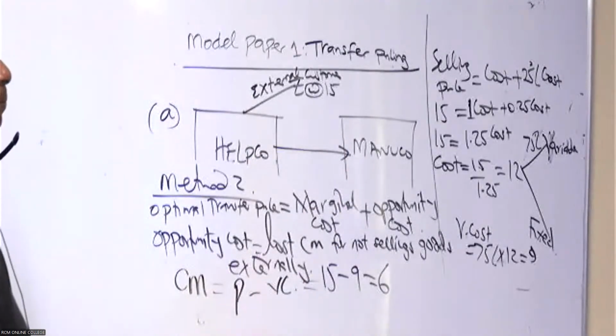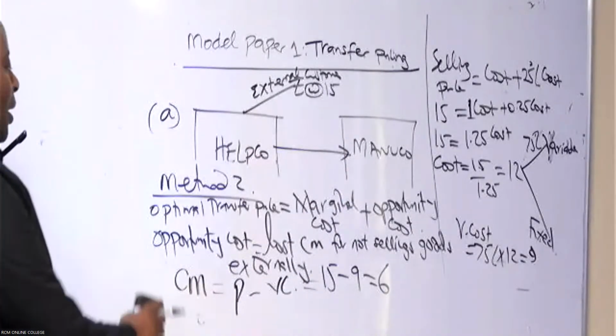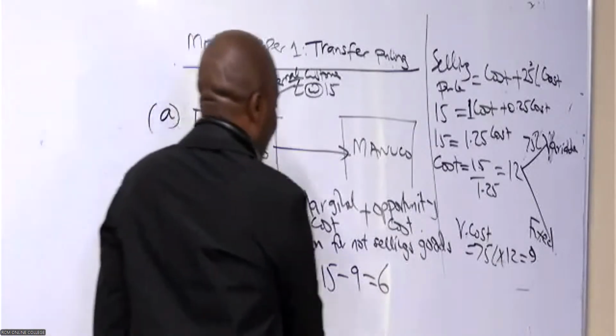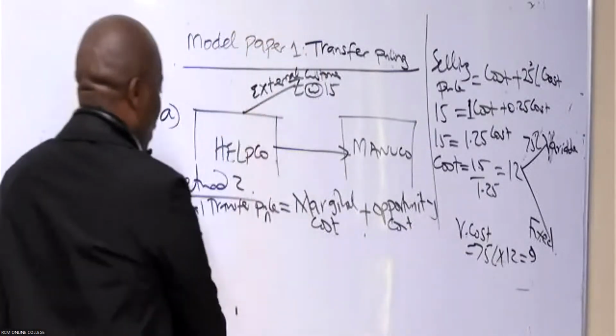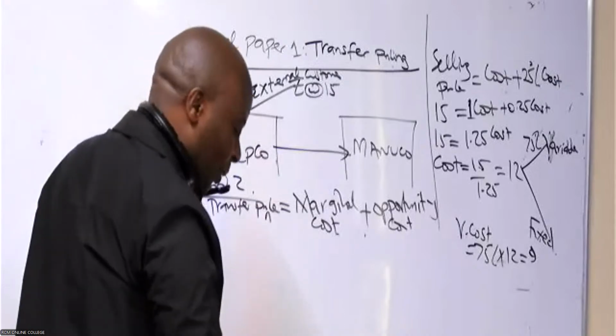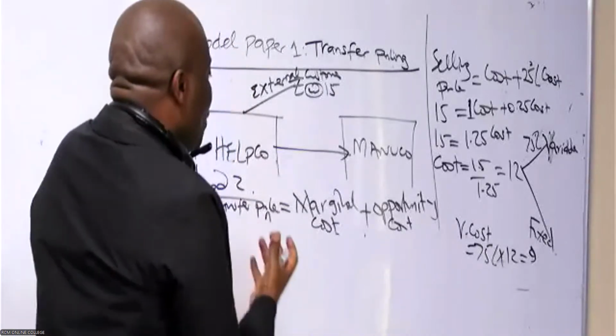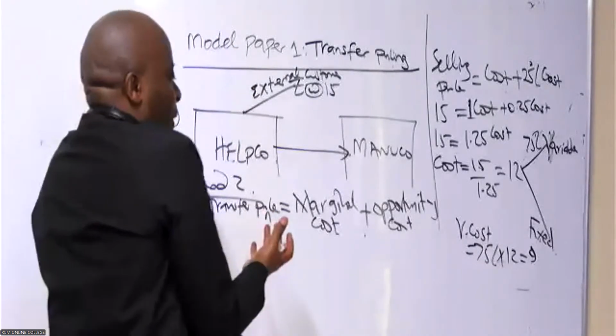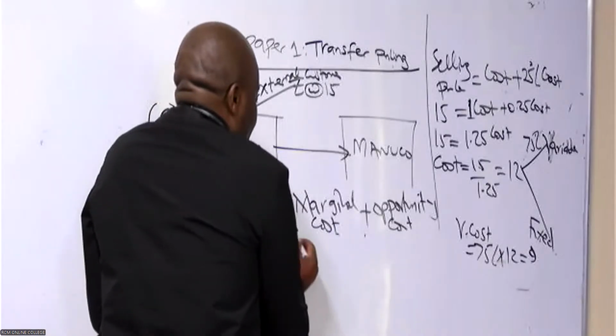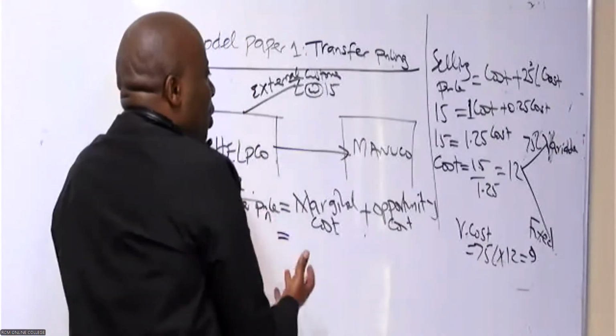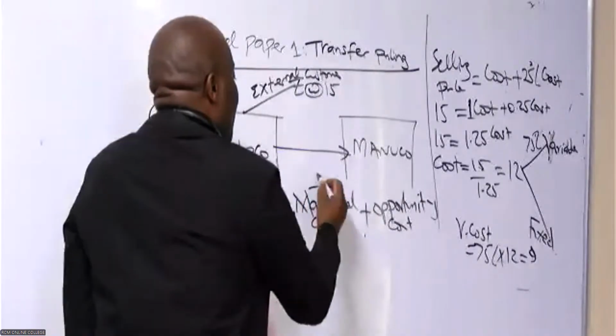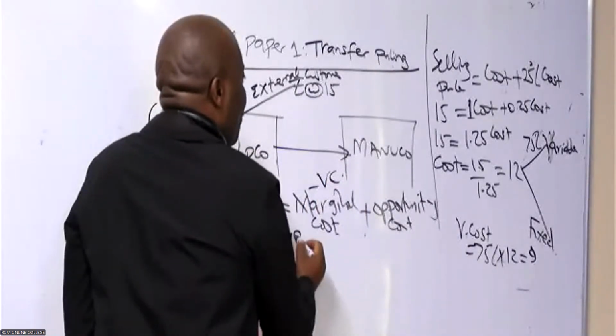So let's get into business here. The optimal transfer price will be equal to our marginal cost of production. Remember, marginal is the same as variable, and you have given me a figure of 9.